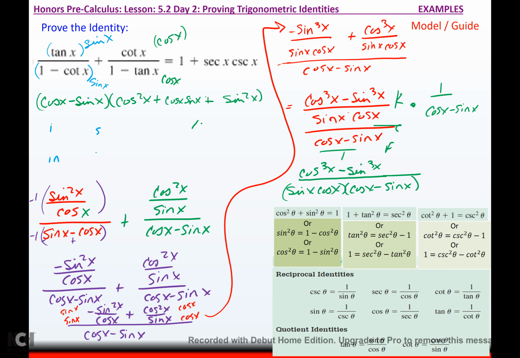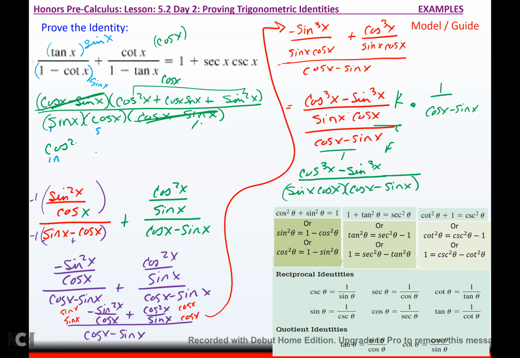Alright, and then that's all over sine x times cosine x times cosine x minus sine x. Now those will cancel, and I'm left with cosine squared plus, I can rewrite this, so I'm going to put this in this order.